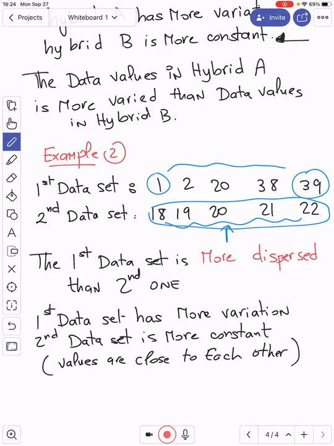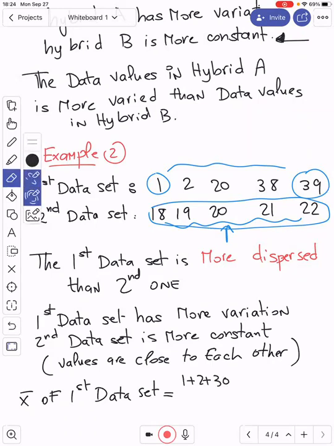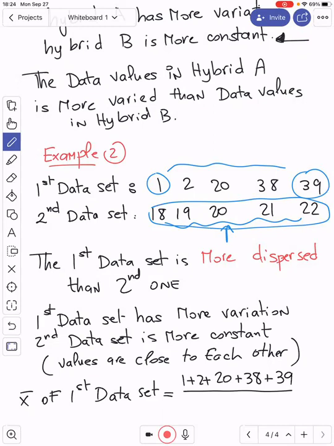So the x bar, the average of the first data set: we have 5 numbers, so it's 1 plus 2 plus 20 plus 38 plus 39, divided by the size of the sample, which is 5.